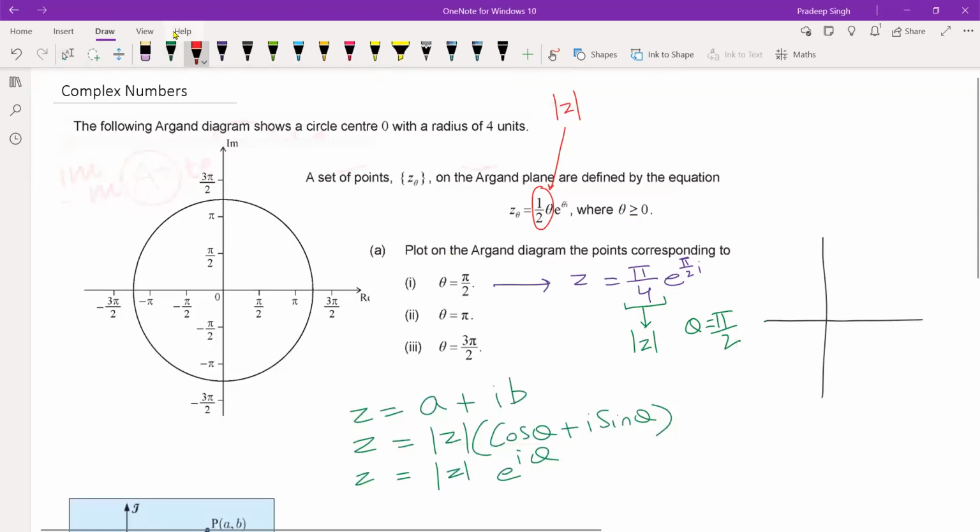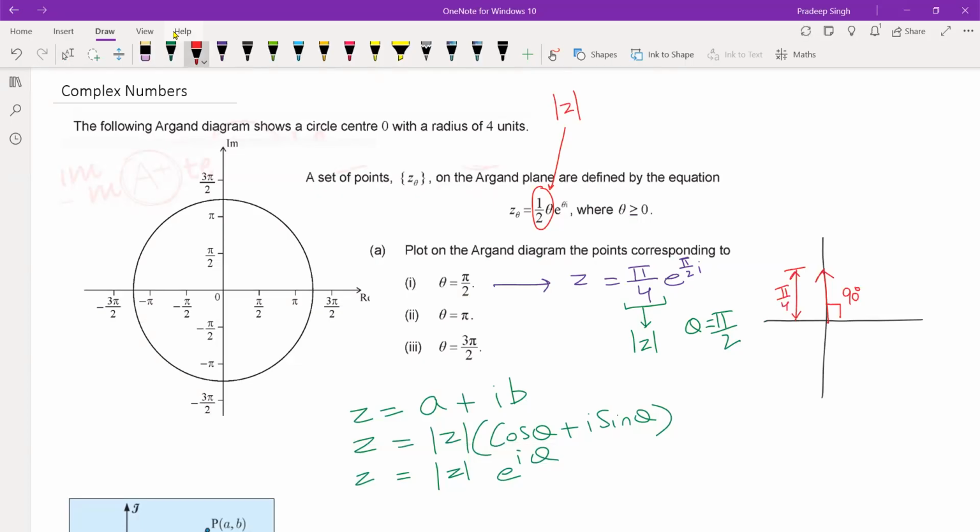Let me change the color. If I draw a line segment like this, it is at an angle of 90 degrees or pi by 2 from the positive real axis, and the length of this line segment, which is called the mod, should be equal to pi by 4.